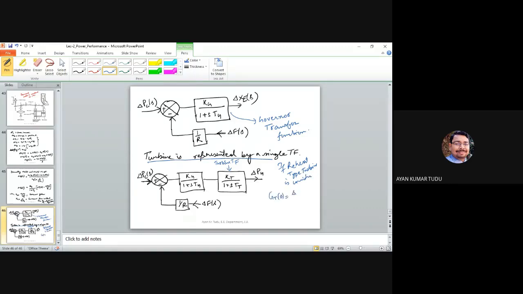GT(s) would be equal to delta PG(s) by delta XC(s), equal to Kt by 1 plus sKr Tr, by 1 plus sTt, by 1 plus sTr, where Kr and Tr are for the reheater part if we are considering a reheat type turbine. And the Tt in this case would be from 0.2 to 2 seconds.